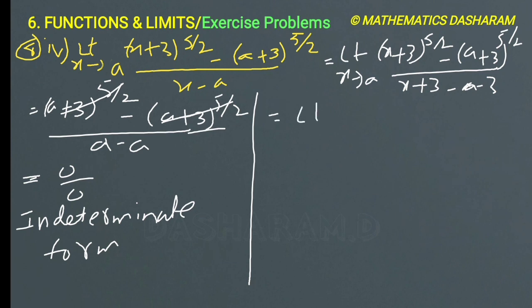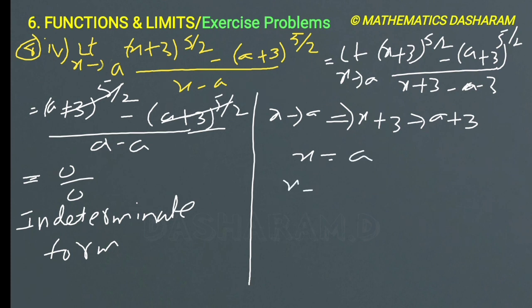Okay, so limit x tends to a, and see here x tends to a is there, then it implies x plus 3 tends to a plus 3. Why? Because x tends to a means x equals a. Add 3 on both sides, so a plus 3. So the limit will be changed. So now limit x plus 3 tends to a plus 3.